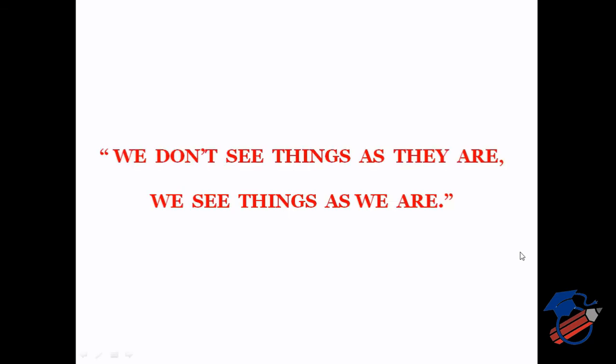If we simply say perception, then it can be defined as: we don't see things as they are, we see things as we are. So we see things according to our interpretation, not as the things actually are.